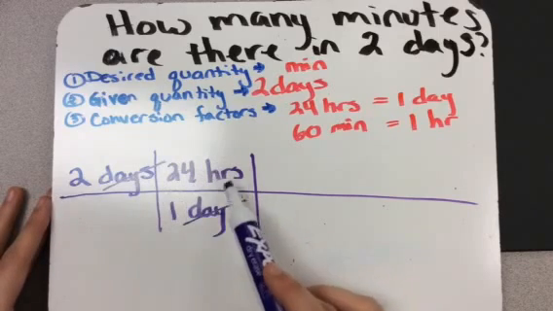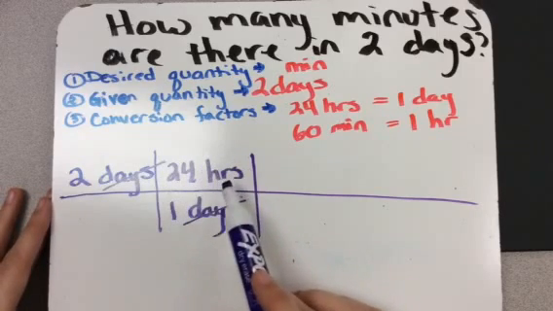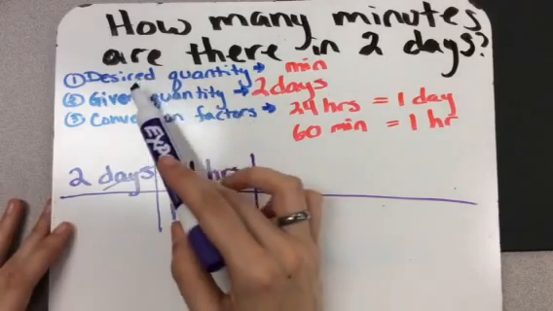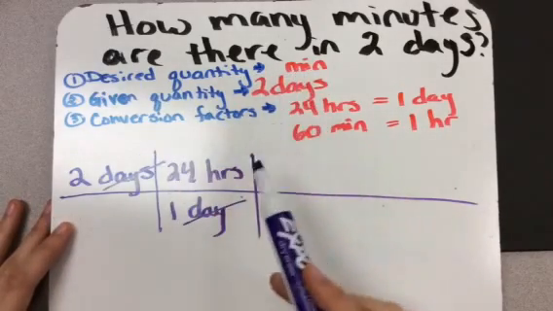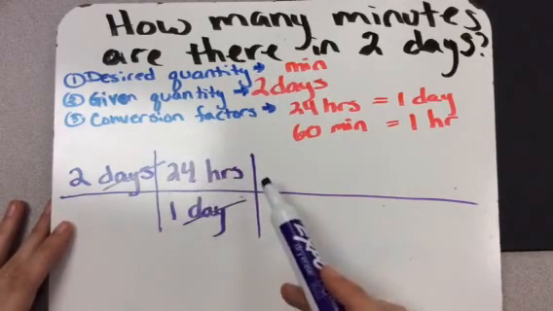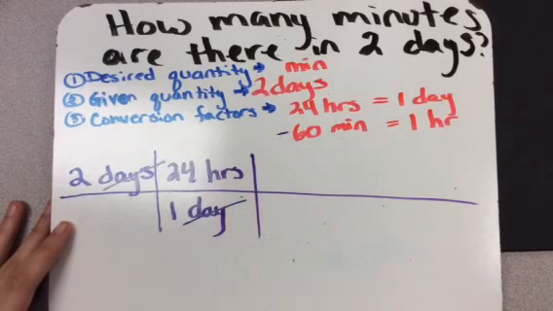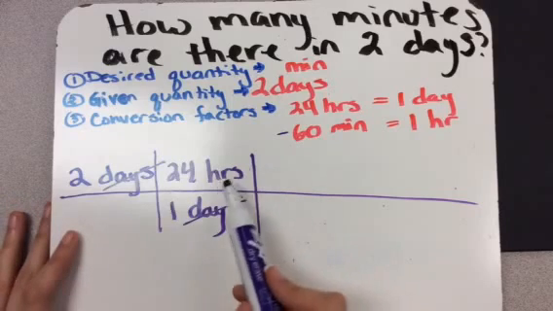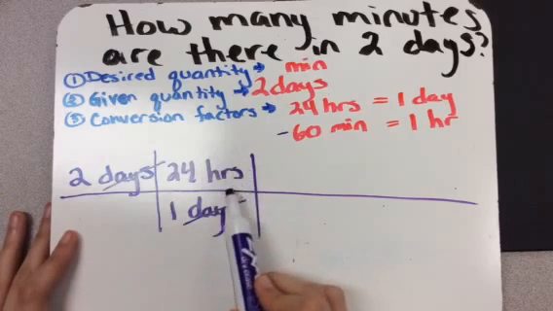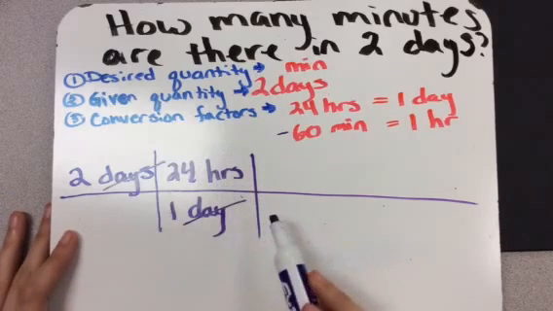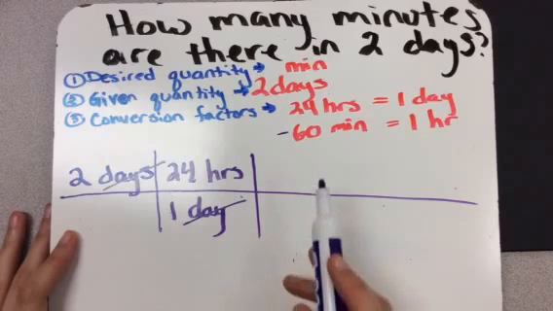Now we have the unit of hours, but our desired quantity is minutes. So how do we get from hours to minutes? We use the next conversion factor. We know that there are 60 minutes in 1 hour. And we're going to do the same thing. Since you have hours in the numerator here, you want hours in the denominator here.